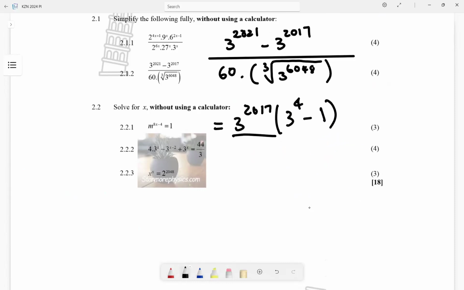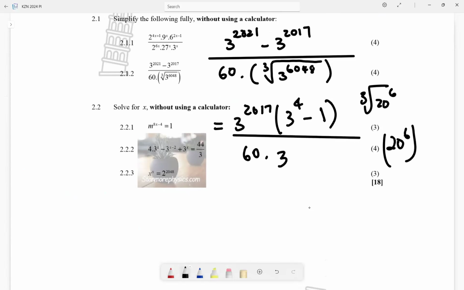All divided by 60 multiplied by the cube root of this. Do not punch that on your calculator. All of it says 3, then say 6048 divided by 3. Remember your rules: if you have a cube root, let's say 20 to the power of 6, it is the same as 20 to the power of 6 times 1 divided by 3, which is 20 to the power of 2.